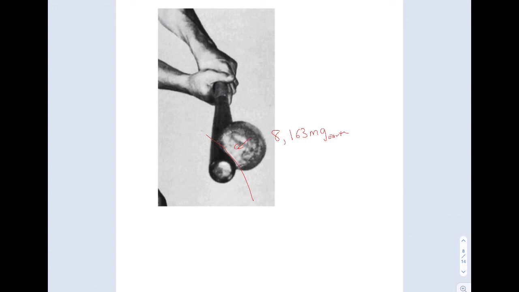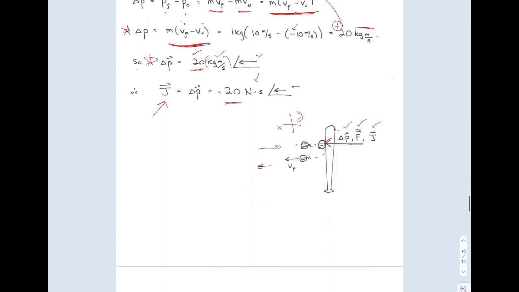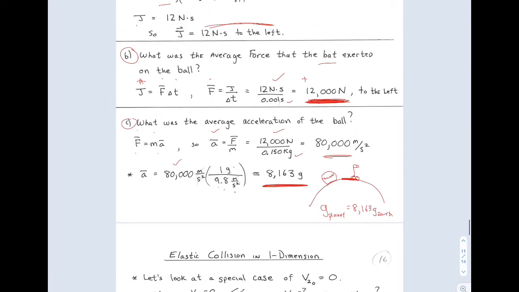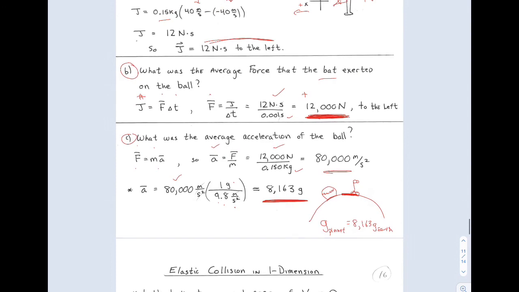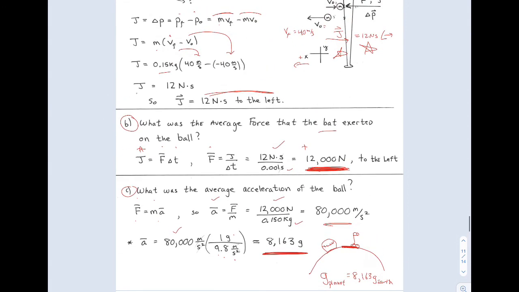So the baseball couldn't stay perfectly spherical, because the baseball's not perfectly rigid. It's got string and rubber bands in there, so it's not like a solid metal object. So it makes sense that it has such a huge acceleration and such a huge force on it that it can no longer remain spherical.